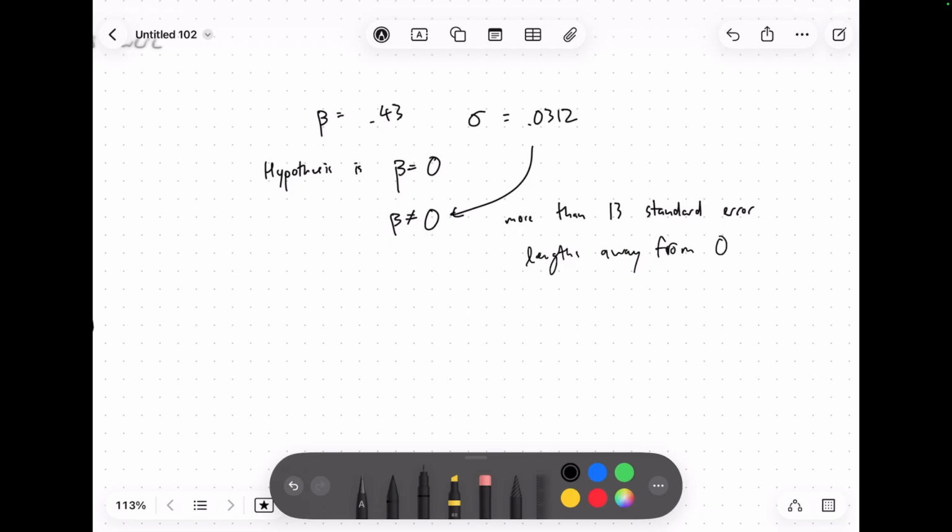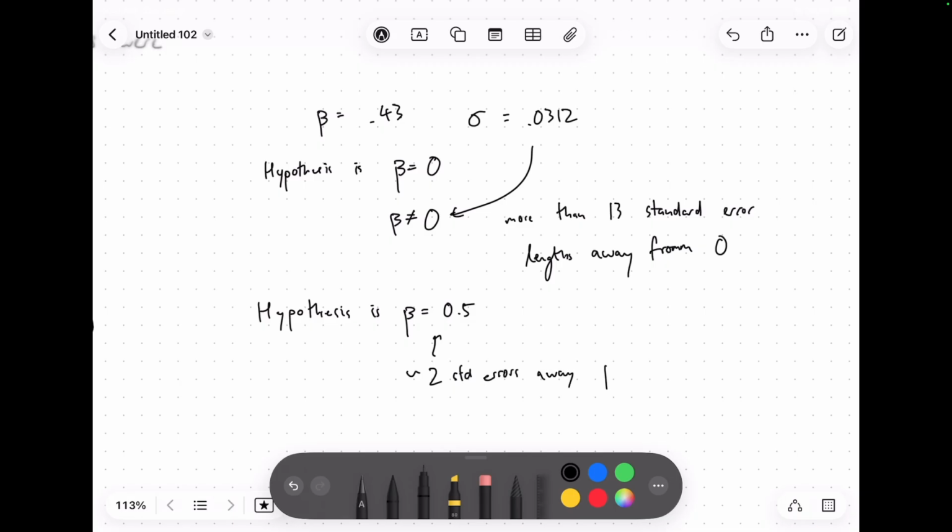Yep. I am asking about a different hypothesis, which is beta equals 0.5. Normally, I would not be able to make this hypothesis, but because we know the true value, I can ask, what does this look like? And here, this is about 2 standard errors away.